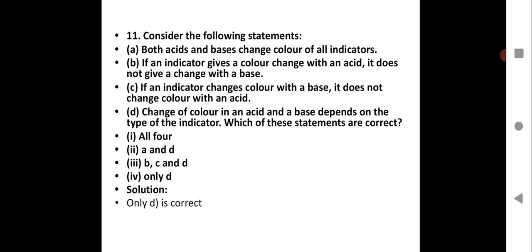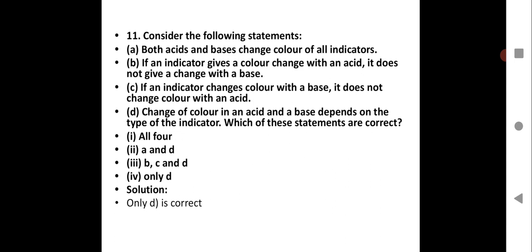The last one here, question number 11. Consider the following statements. Both acids and bases change the color of all indicators. If an indicator gives a color change with an acid, it does not give a change with a base. If an indicator changes color with a base, it does not change color with an acid.